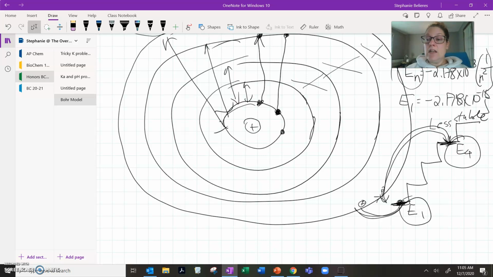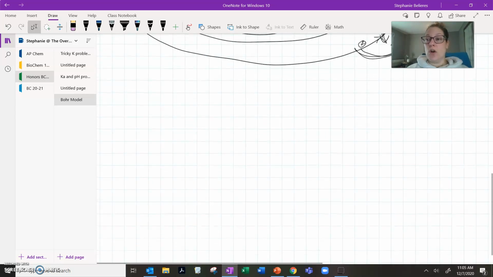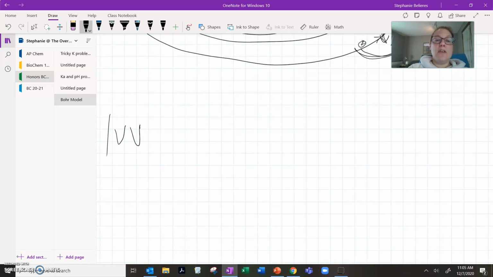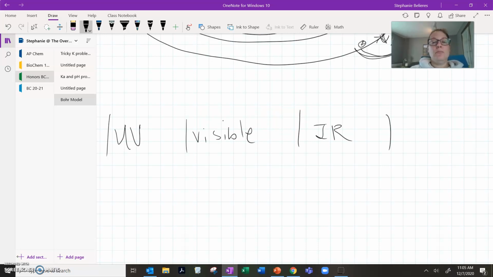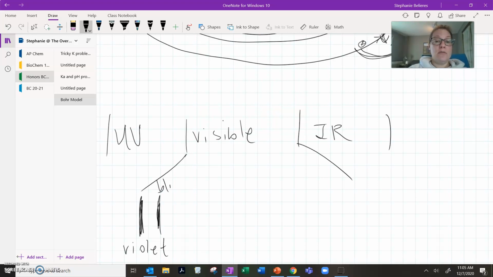Now, what that means in terms of what we observe is that if I have the wavelength, and here's UV, and here's visible, and here's infrared. If I'm looking at the visible spectrum, then what I actually see with my eye when I look at the light that's emitted from hydrogen is there's a violet band, there's a blue band, there's like a sort of green band, like a turquoise, and a red band.